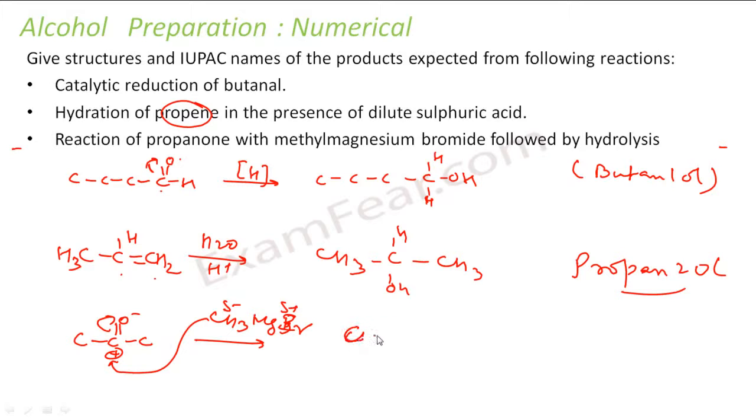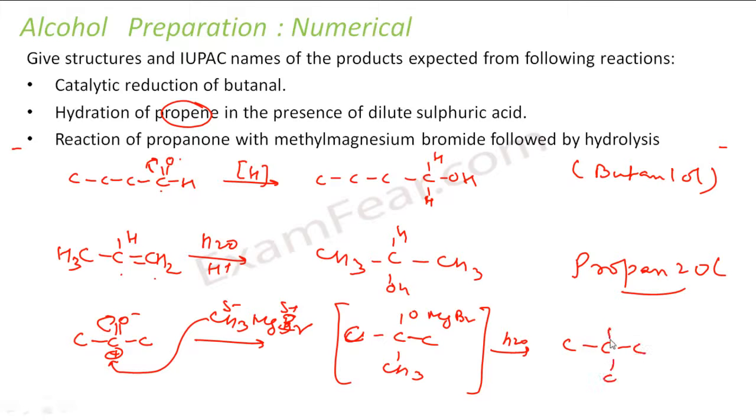So what you get is CH3, O, MgBr, and C. And then if you add water to it, you get C with OH plus Mg(OH)Br. This is what you will get. This will be 2-methylpropan-2-ol. That is what you will get.